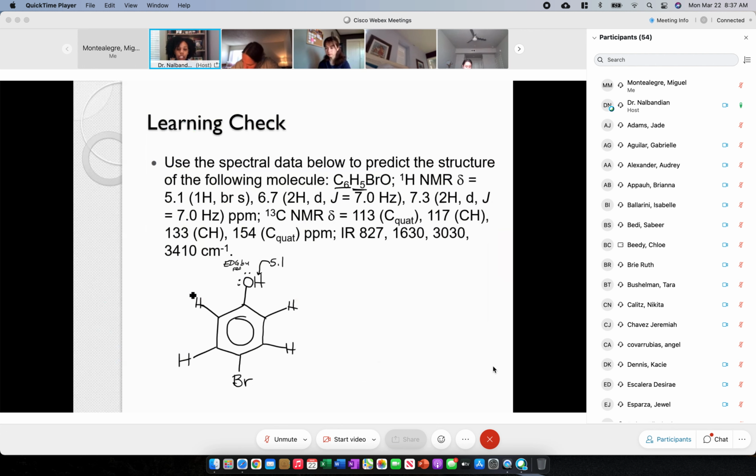So closest to the oxygen would be 6.7, on both sides of the oxygen, symmetrical. Closest to the bromine, because that's an electronegative atom, that is an electron withdrawing group by induction. It's going to be something that is more downfield, so 7.3.